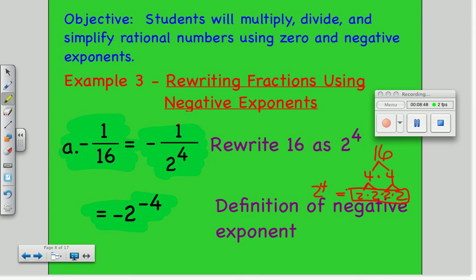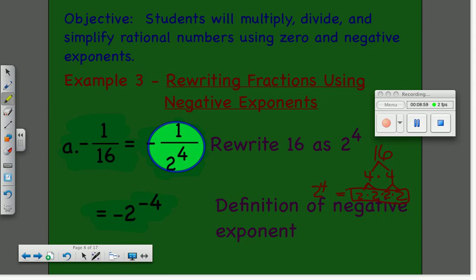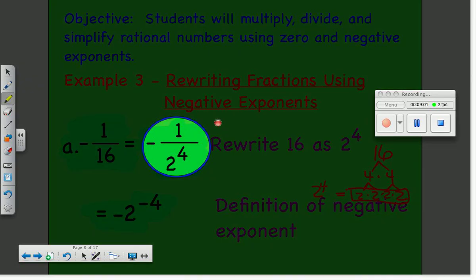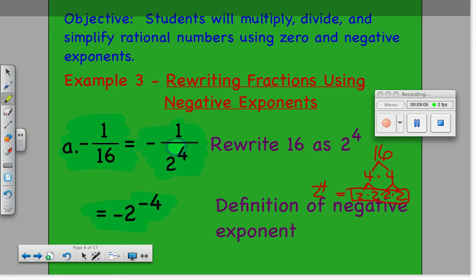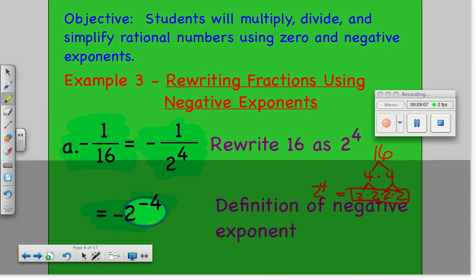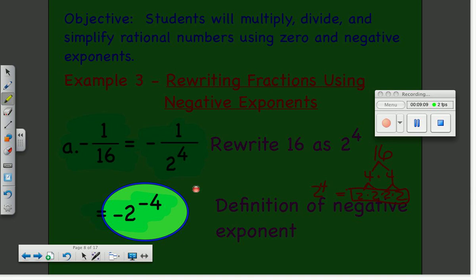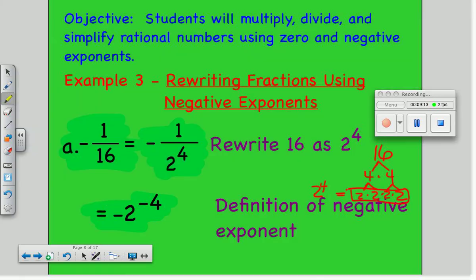So we're taking this fraction and rewriting it as a base with an exponent, but the exponent's going to be negative. Those numbers are equal. The value of them is equal.